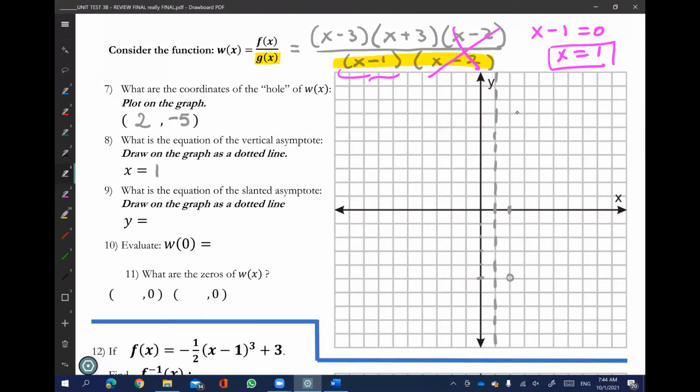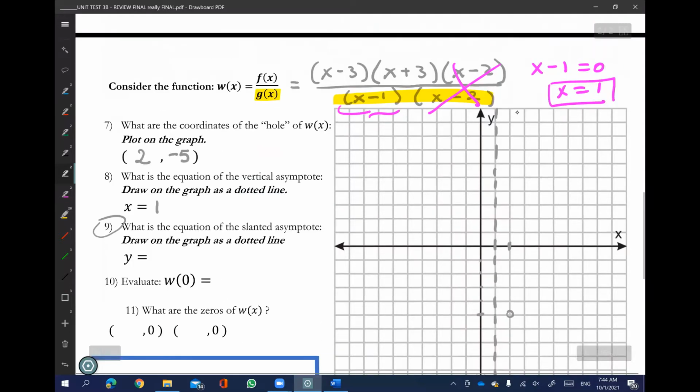Then, and this is very easy if you did your work properly on question number 1, for question number 9, what is the slant or slanted oblique asymptote? You just need to refer to question number 1.